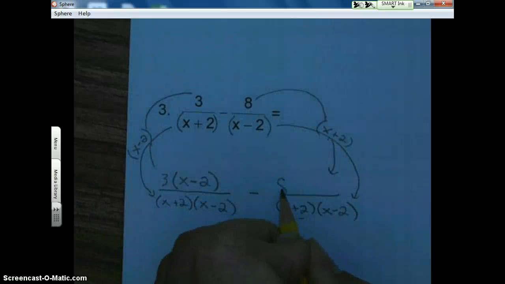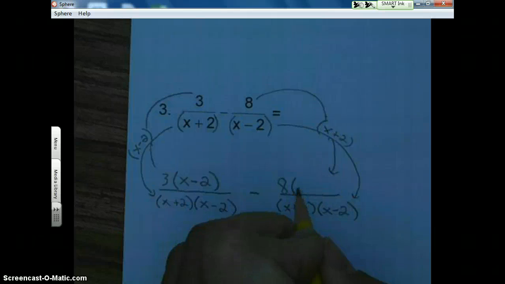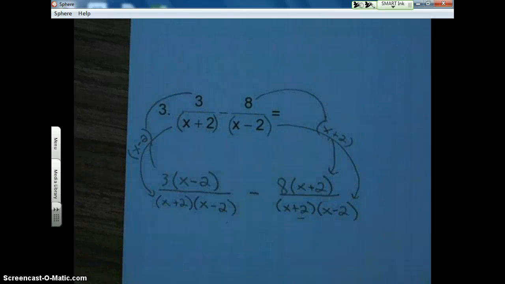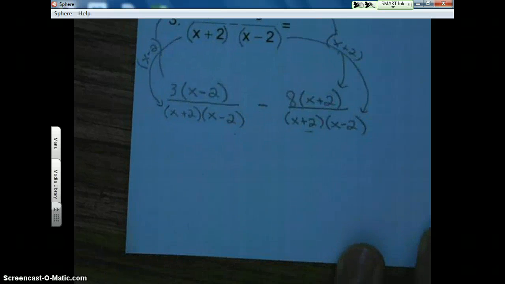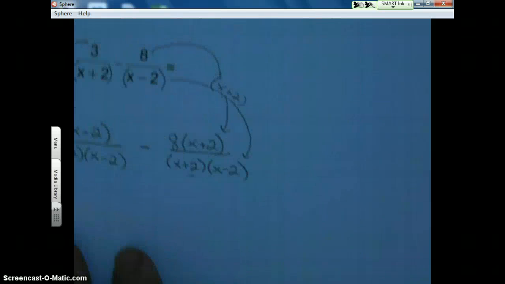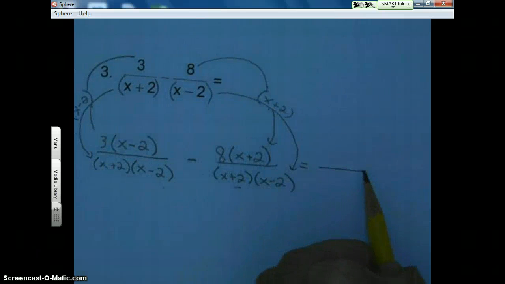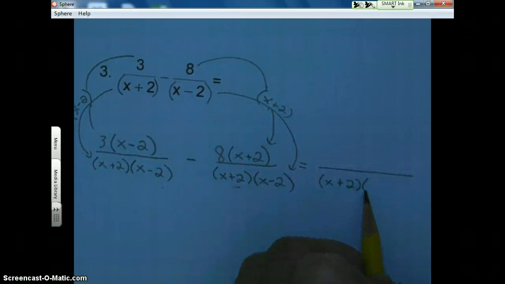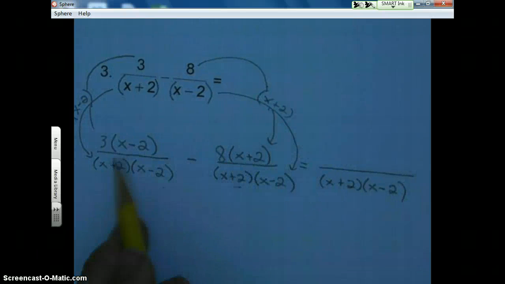So we would have 8 times x plus 2. Okay, now we're ready to subtract since we have a common denominator. So the denominator stays the same. Okay, and we want to subtract these.